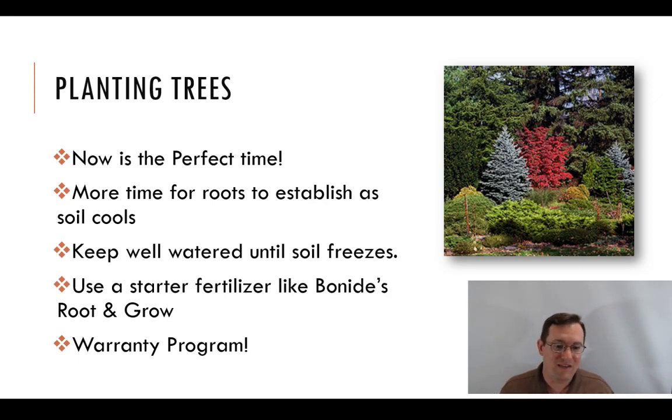And if the tree dies, all that you have to do is fill out a form. Pretty sure we have a link to it on our website. But you fill out a form, take some pictures of the tree that died, and send it into Bonide, and then they'll send you a gift card or a gift certificate that's good for the price of the tree at our store.